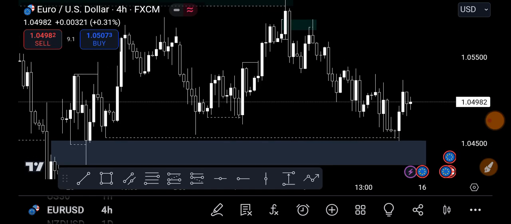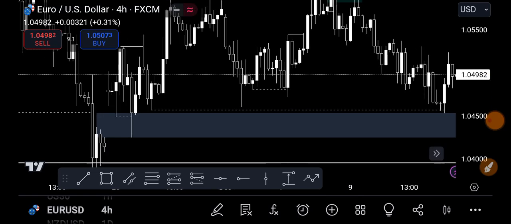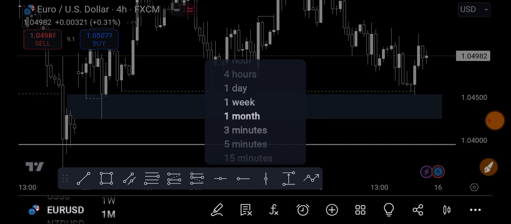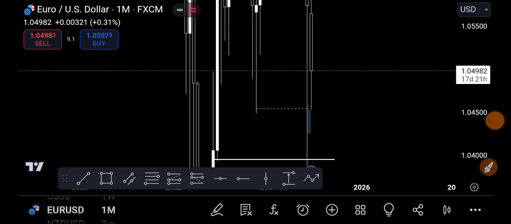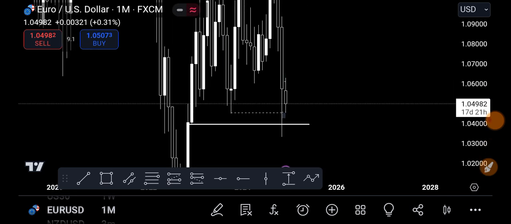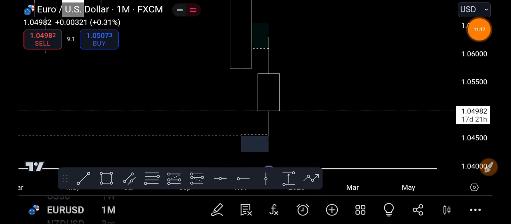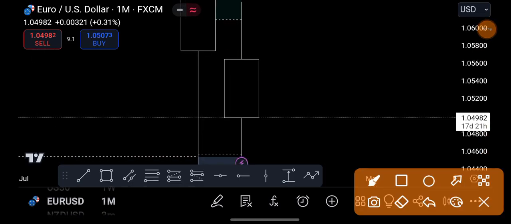Now, I want to talk about the time frames. This is a 4-hour time frame, but let's start from the monthly time frame for you to understand something. Let's focus on this one candle right here.